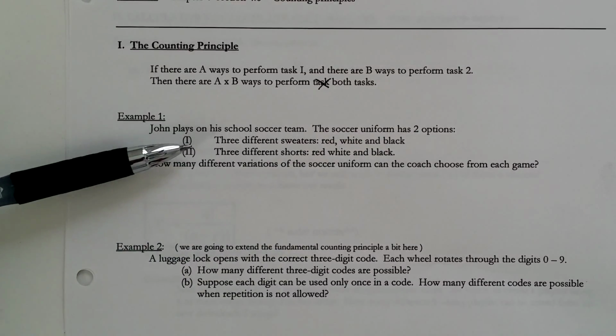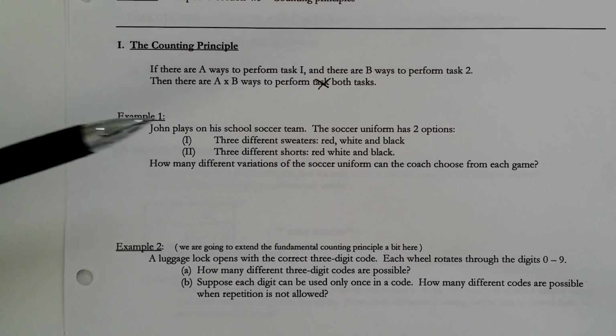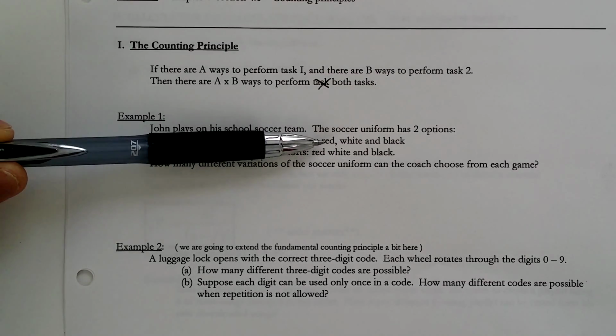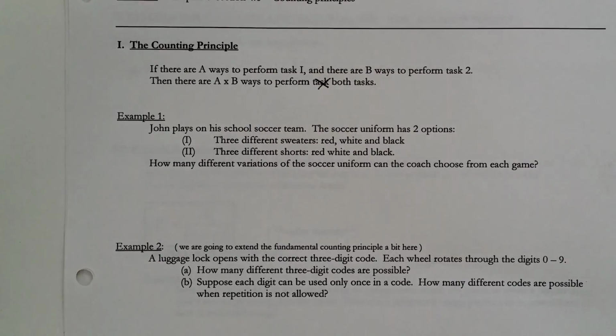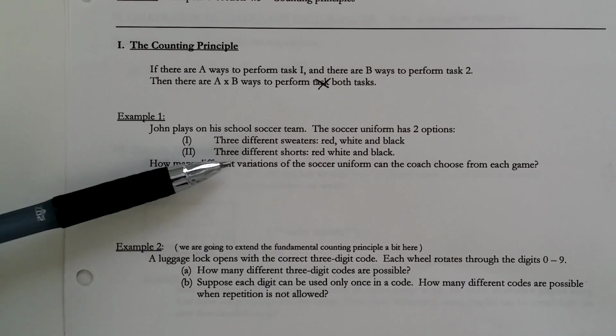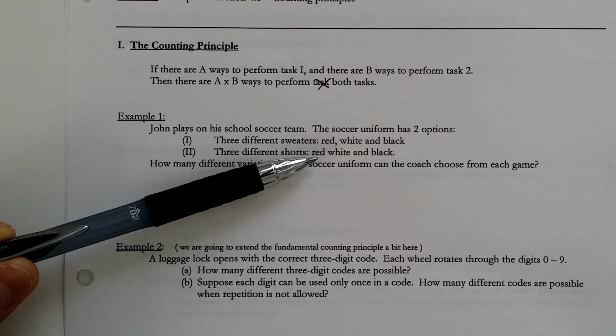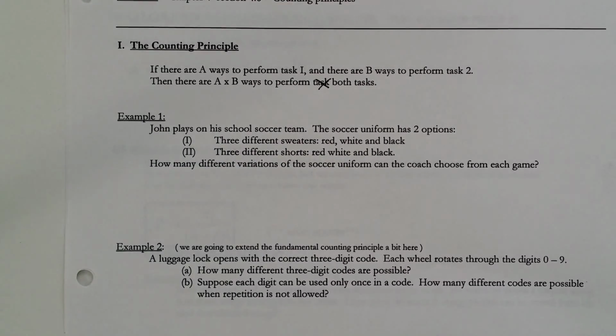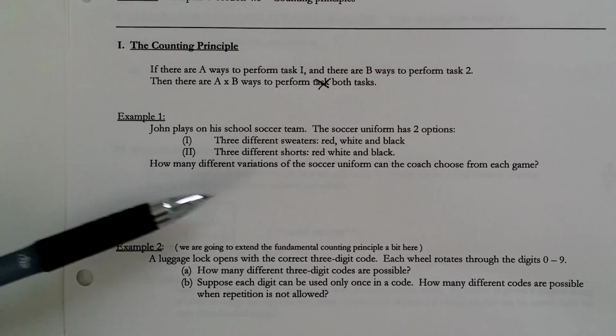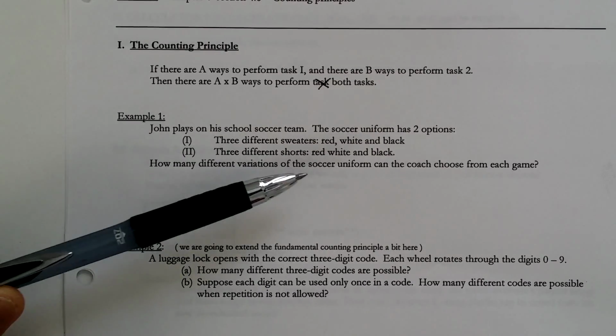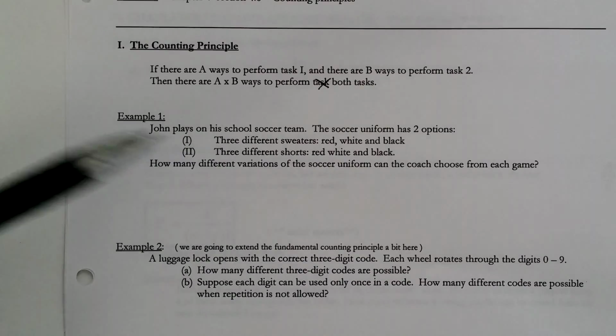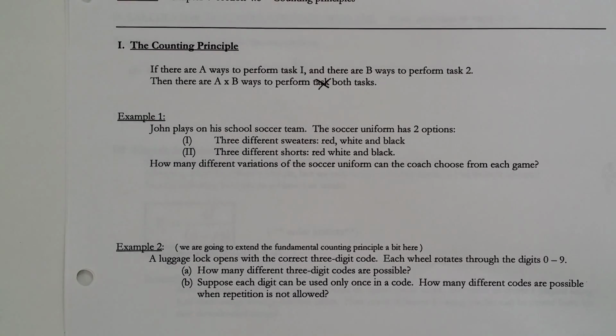Let's say that the first option is the sweater, and the sweater has 3 different colors, red, white, and black. And there are also 3 different colors for the short, red, white, and black. So the question here is, how many different variations of the soccer uniform can the coach choose for each game?